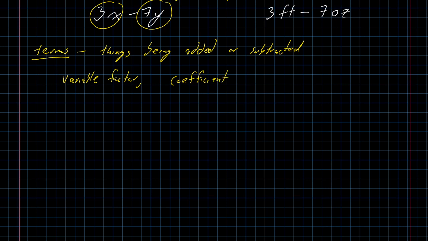When we look at a term, we can quickly identify the variable factor and the coefficient, which is a fancy name for the constant factor.